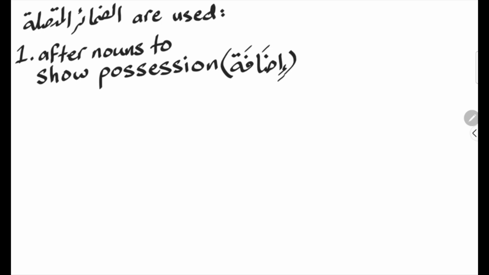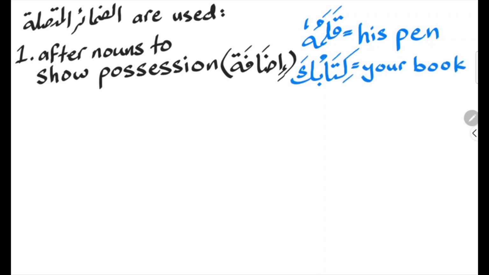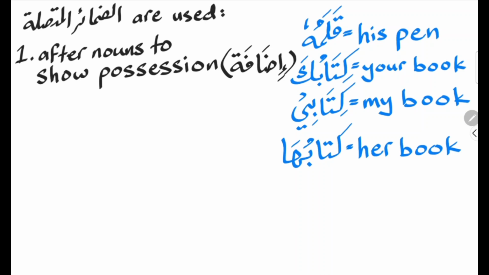For example, قلمه, his pen. كتابك, your book. كتابي, my book. Or kitabuha, her book. So basically, the pronouns in all of these examples show possession of a pen or a book, right? His pen, your book, my book, her book. It's all showing possession. So if it comes after a noun, it shows possession.